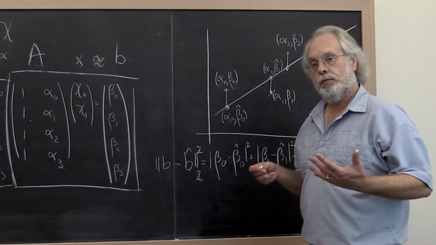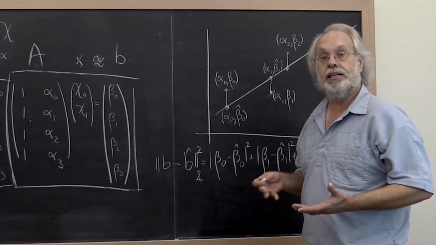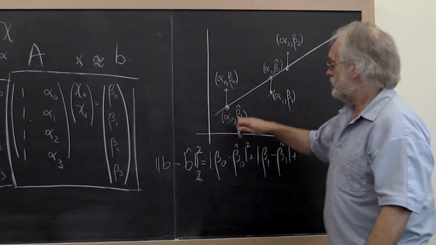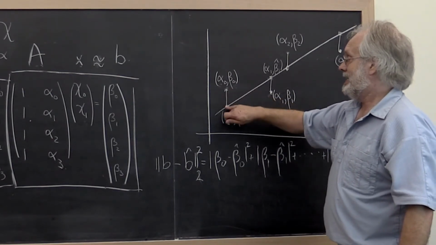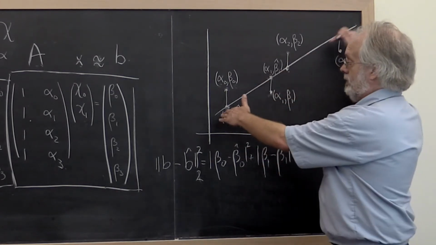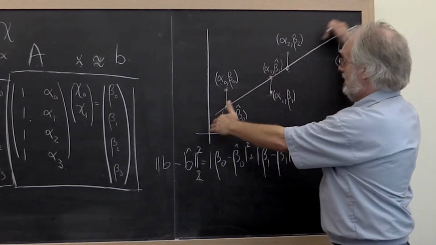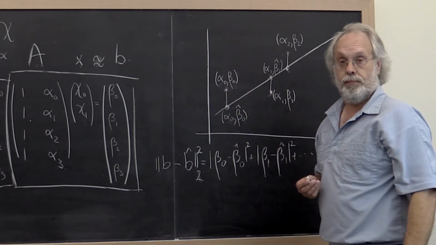And all of a sudden it becomes clear why people call this solving the linear least squares problem. Because you're solving the problem of minimizing the sum of the squares between the best solution and the actual points that you started with.